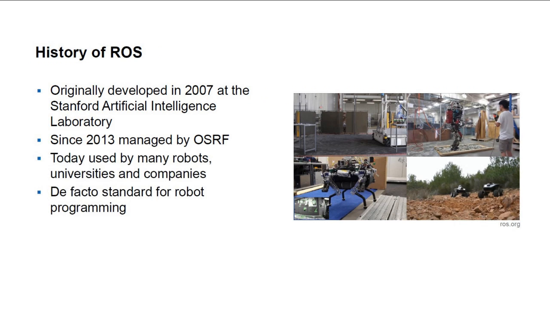Okay, after that, your term project. I need to say again, we have no exam in this course. You will develop a robot in this course in the Robot Operating System. Okay.